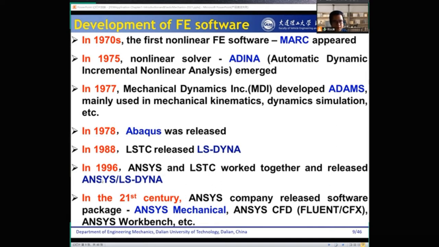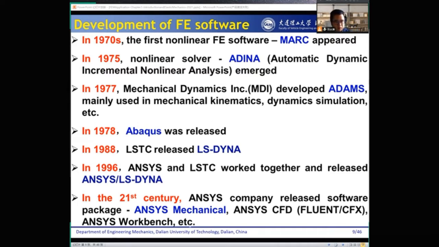ANSYS and Abaqus are the two main FE analysis software nowadays in different fields. They are comparable, and they compete with each other.